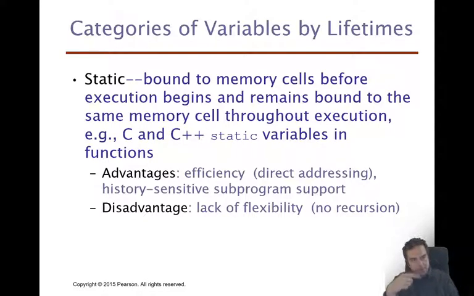For other types of variables, in order to get at the memory address, you have to first do some arithmetic. If you're on the stack and I want to know your address, I first have to look at the stack pointer and add some offset to figure out where you are. So there's that extra addition.